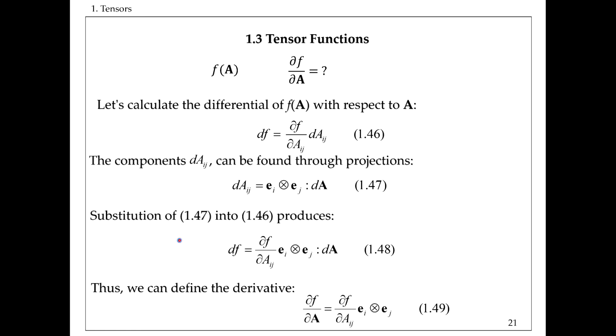We just define that; this will be our derivative of a scalar tensor function with respect to a second order tensor. It will have this structure, and in that way we know that we need to calculate each component of that new second order tensor, right?